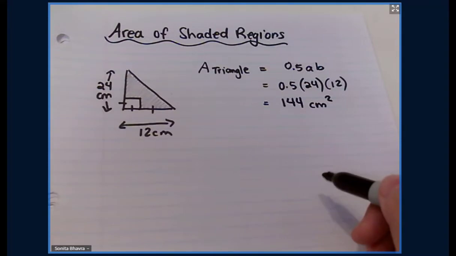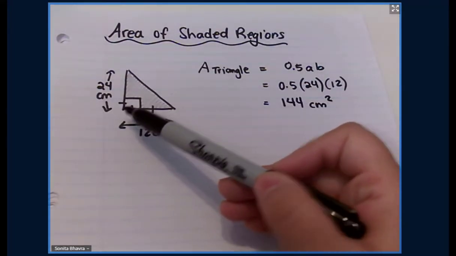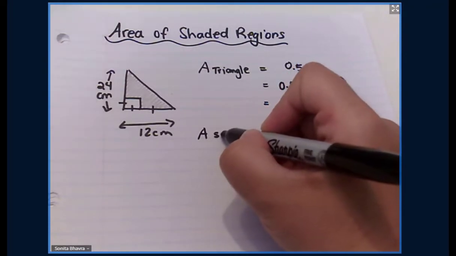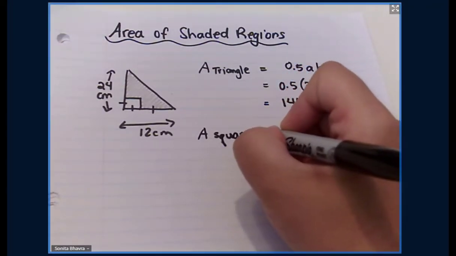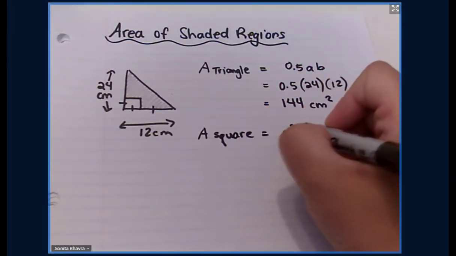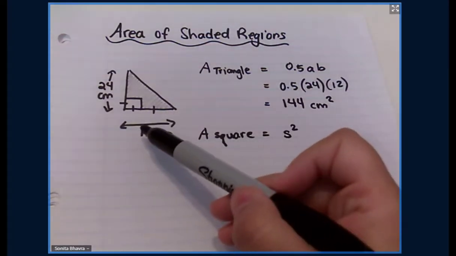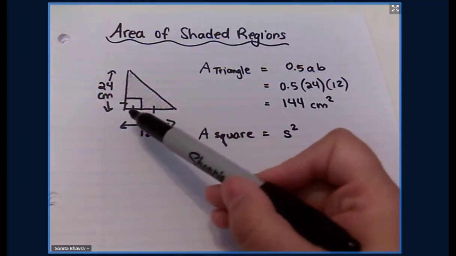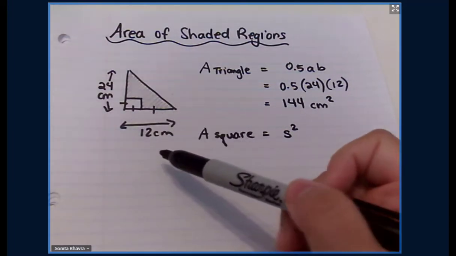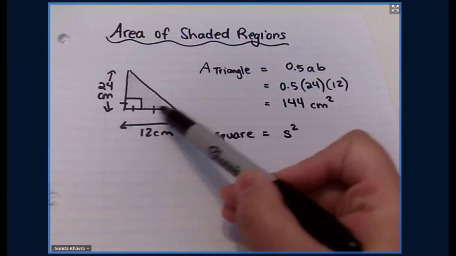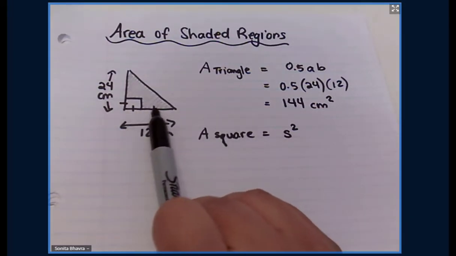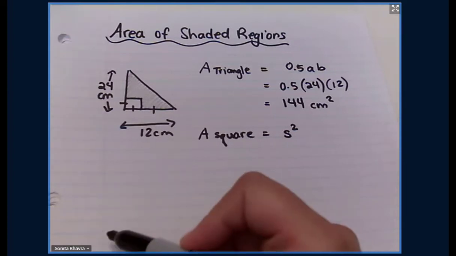Next, I'm going to figure out the area of this square. So area of the square is equal to side squared. All right, so what do we know here about the side of the square? We know from these dashed lines that the total base of this triangle was 12 centimeters, and this part and this part have the same measurement.